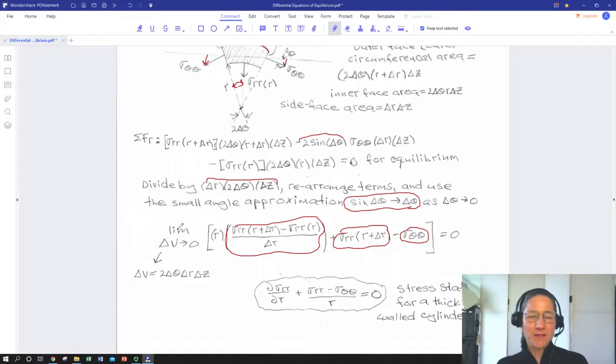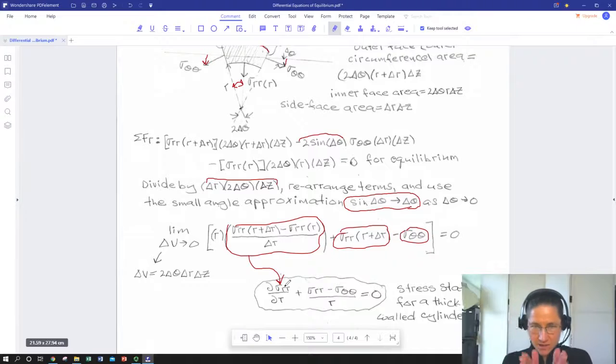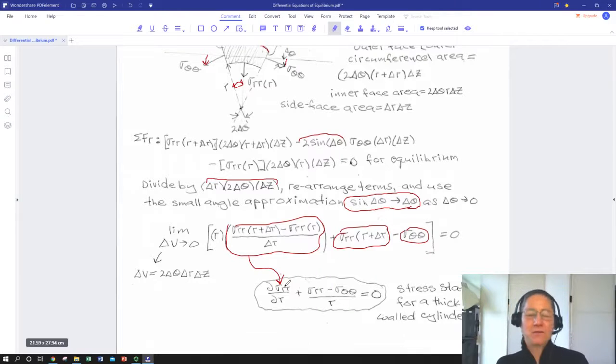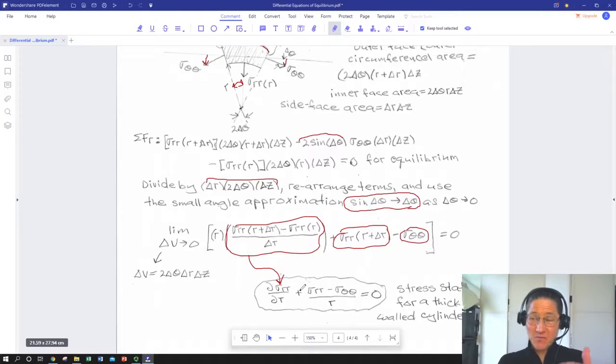If we take the limit as our delta v goes to 0, divide by our delta v, this will end up giving us our change in stress in the radial direction as we go further out in radius, bigger diameter pipe. But then we're going to have a non-differential term, just sigma rr minus sigma theta theta divided by r, and that's all going to have to equal 0.